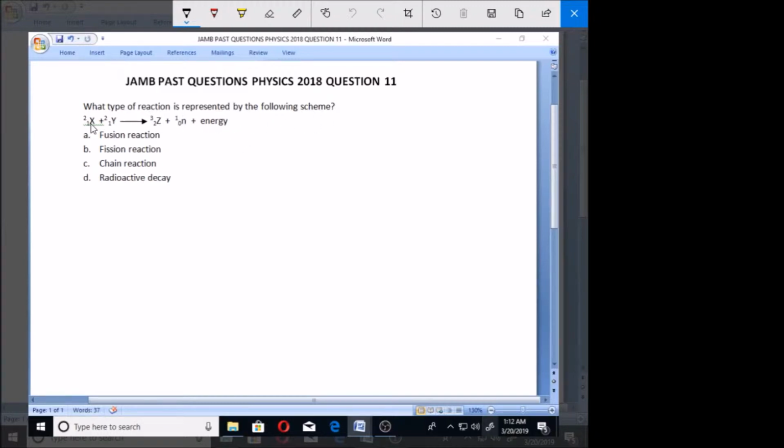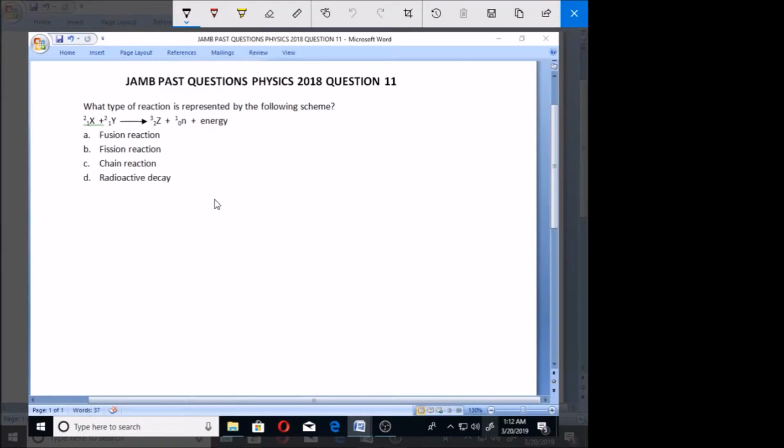The scheme has X with superscript 2 and subscript 1 plus Y with superscript 2 and subscript 1 to form Z with superscript 3 and subscript 2 plus N with superscript 1 and subscript 0 plus energy. The options are A, fusion reaction, B, fission reaction, C, chain reaction, D, radioactivity.